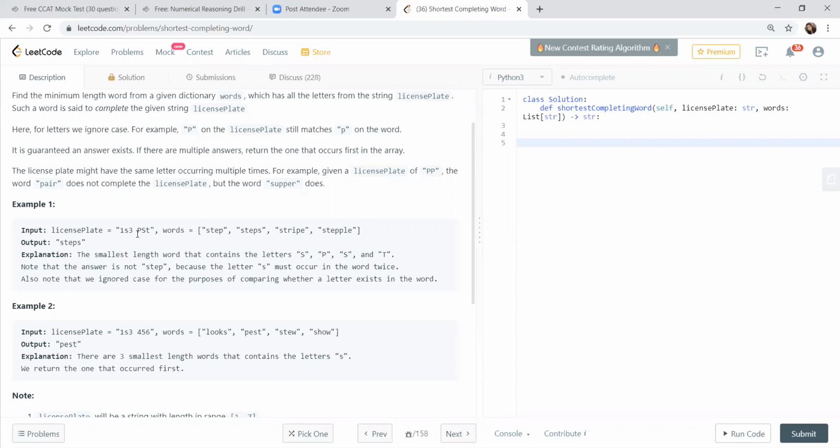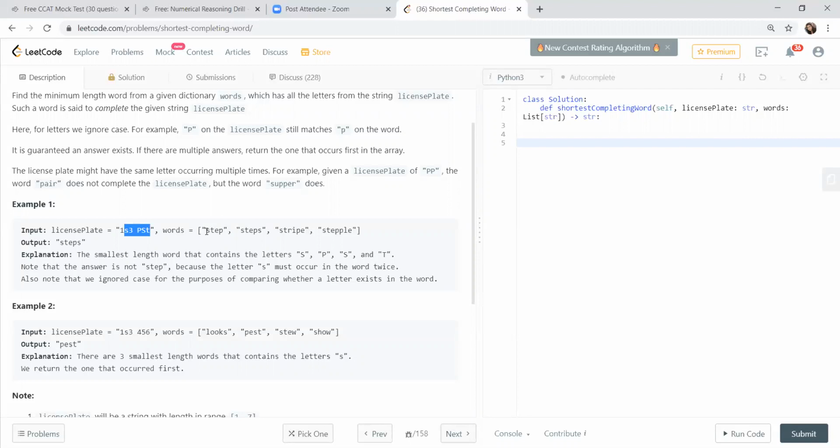So one approach which I am thinking is, if I just take only the characters from this particular string and sort it, and then traverse one by one through all these strings and also sort all the characters one by one, I just need to check if the substring is present in that particular word or not.